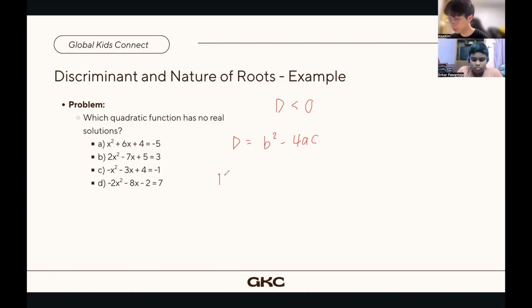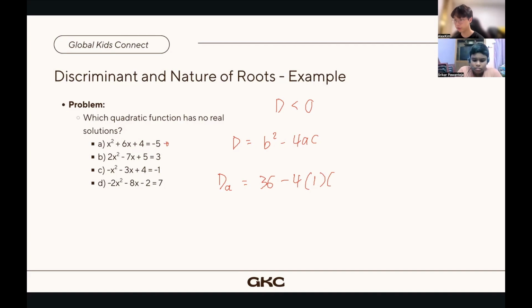The discriminant for function A will equal b squared, 6 squared, so 36, minus 4 times a being 1 and c being 4. Oh, one moment. It's not 4, because if you take a look at the answer choices here, they're equal not to 0 but to another constant value.